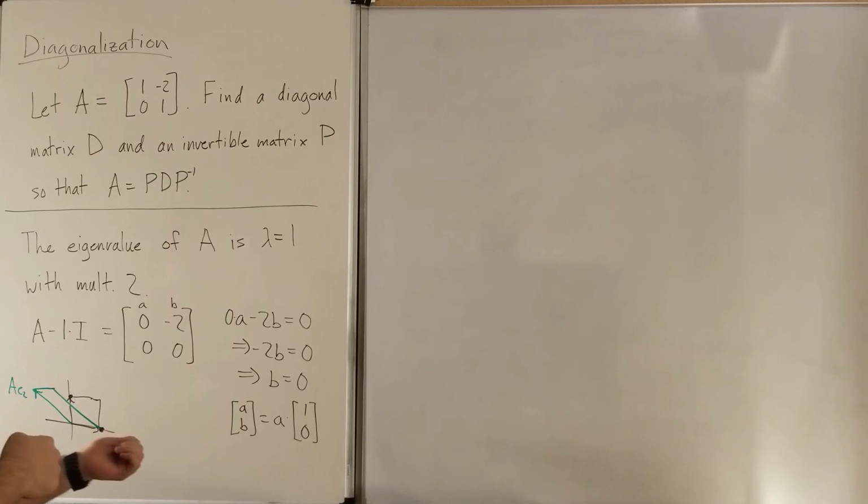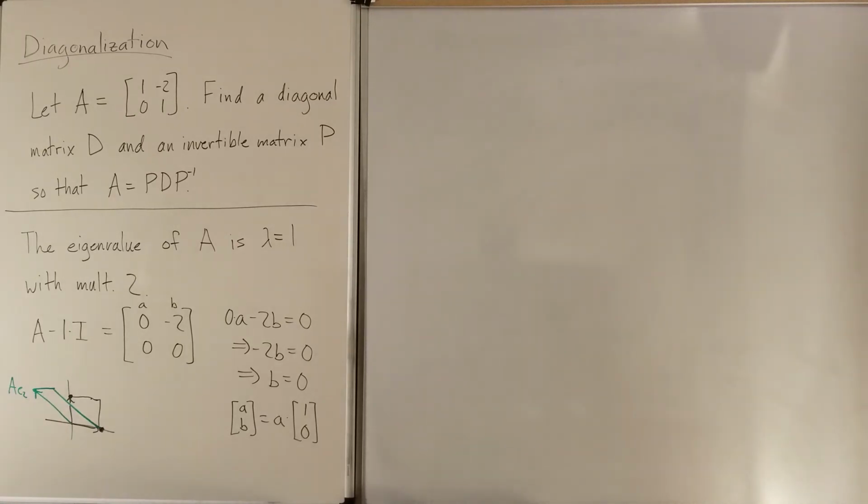And moving left or right, unless you're on the x-axis, is not a scaled version of a vector. And so nothing else is going to get scaled when this happens. In other words, there are no other eigenvectors because everything else is moving off of its span.